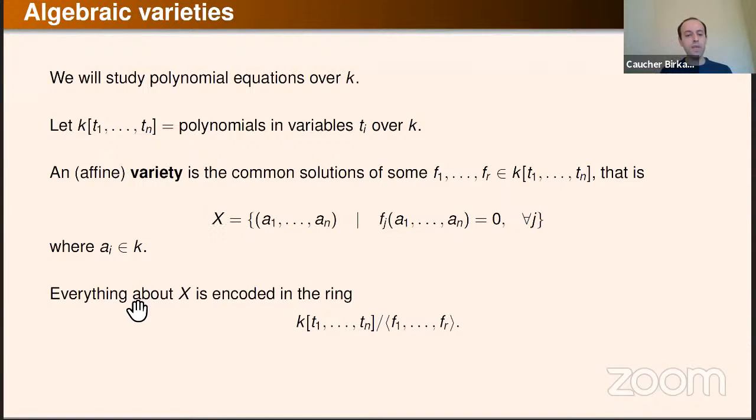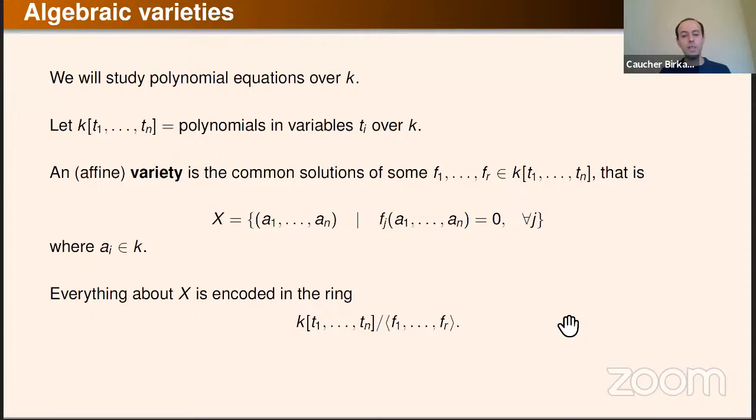Now, everything about this geometric space X is actually encoded in the following ring, which is just the polynomial ring k[t1,...,tn] divided by the ideal generated by f1 to fr. So that's why we have algebra and geometry, and there is a kind of dictionary. You can go from the geometry to the algebra, or from the algebra to the geometry, and there is always a translation of properties, geometric and algebraic.